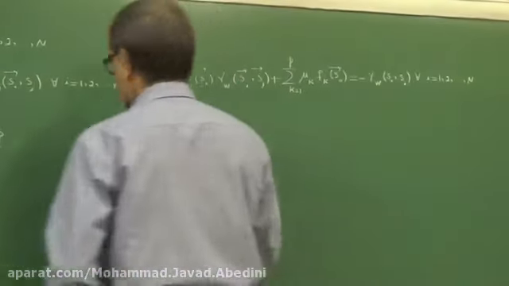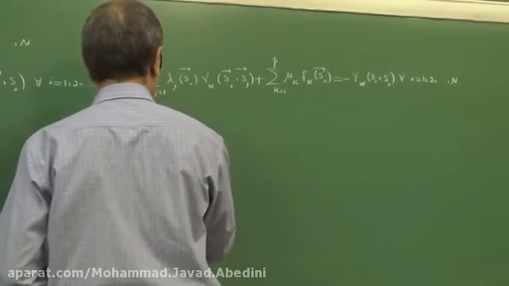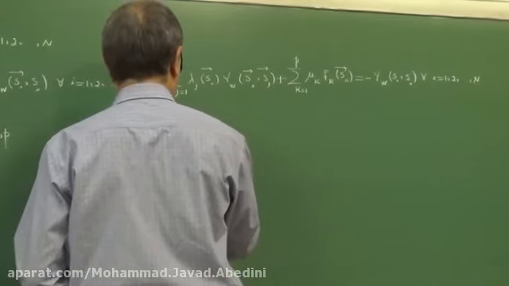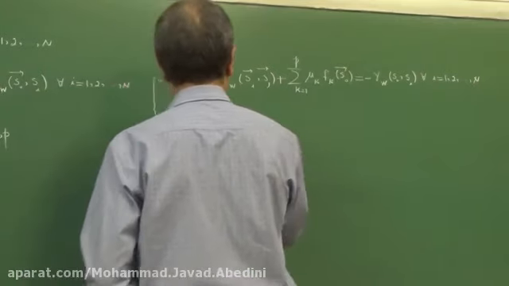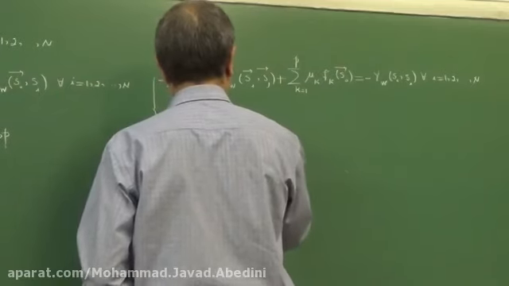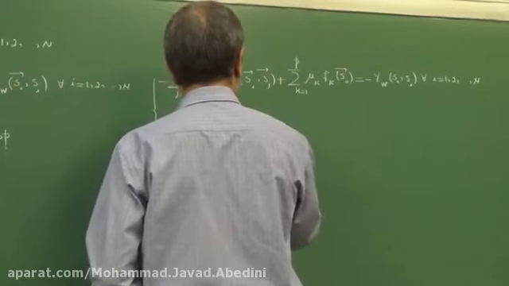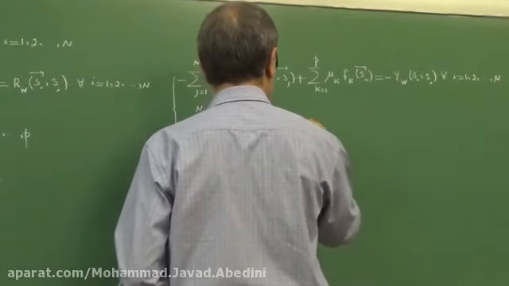And your unbiasedness condition would not change: the summation of lambda i f sub k at Si has to be equal to f sub k at S0.